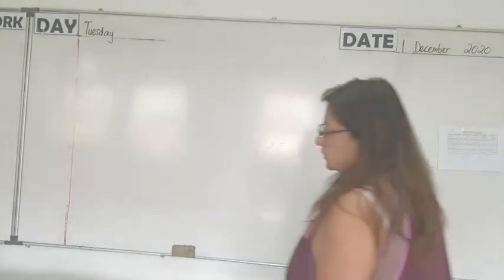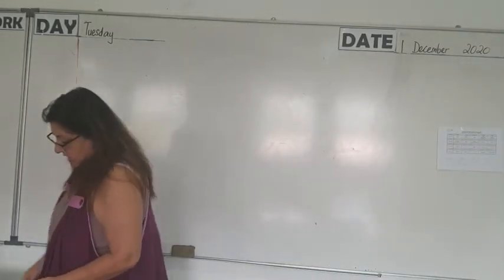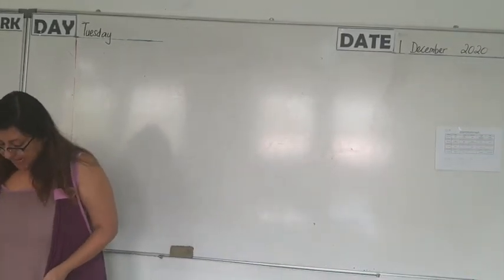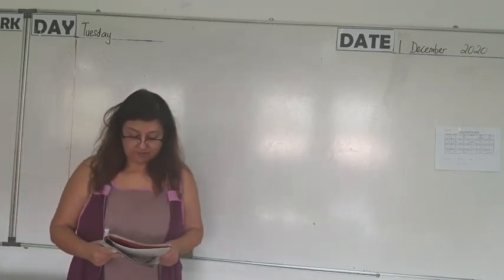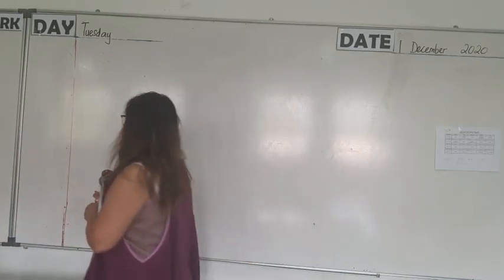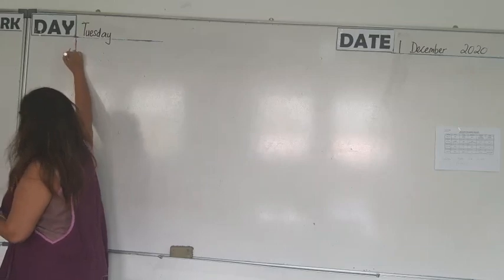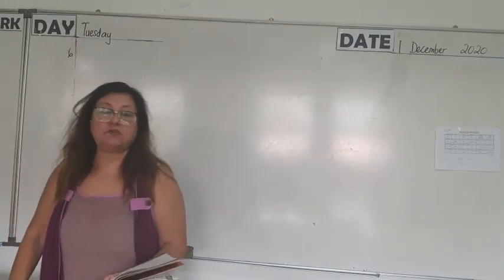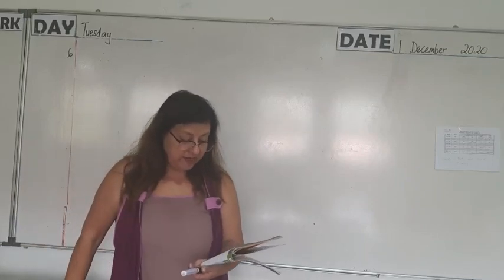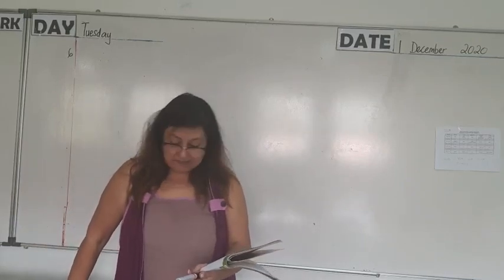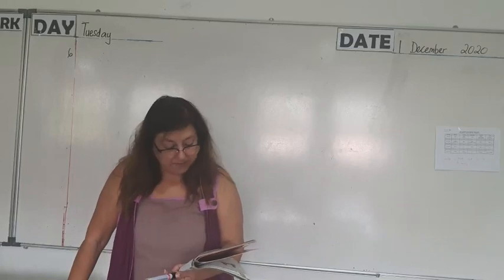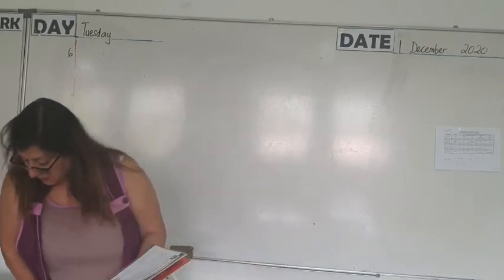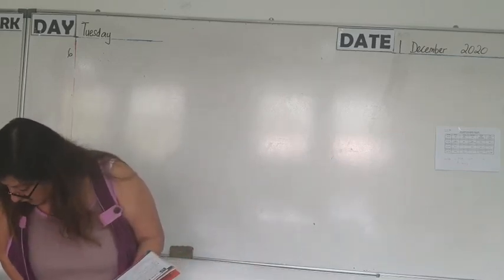Alright, and the last question for today is add the names of the 4 soils to this branching key. So this is number 6. You have to add the name of the 4 soils to the branching key. So they've given you the names of the soils: sand, clay, peat and chalk. Alright, so those are the 4 types of soil.